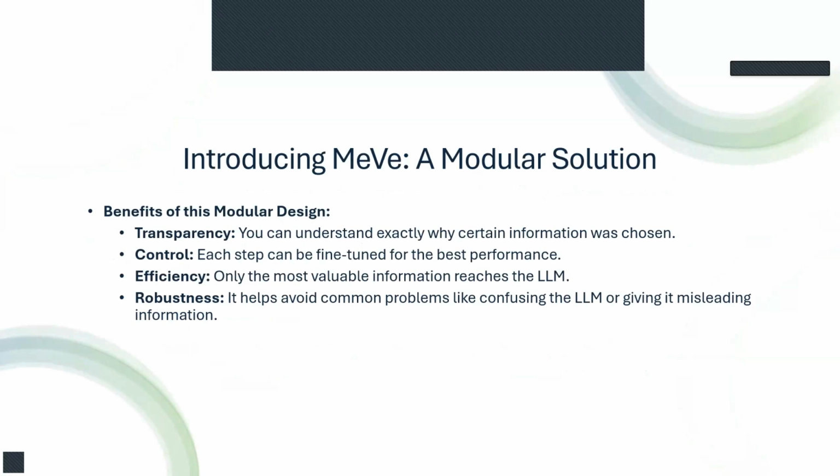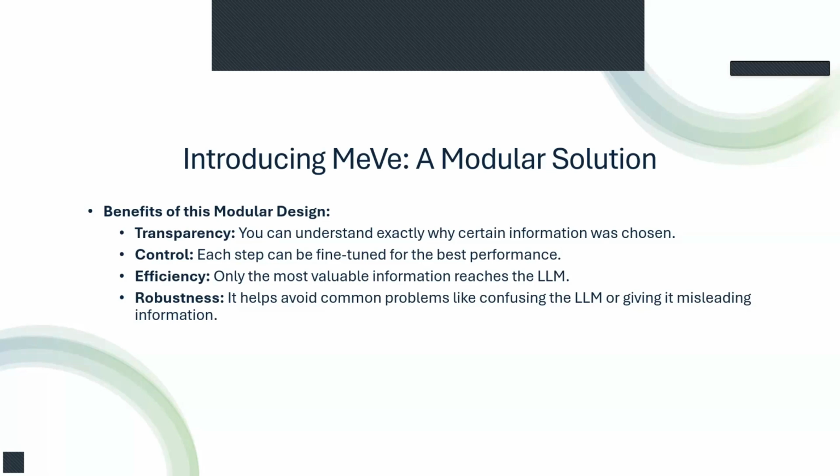You can fine-tune each step towards your application for the best performance available, and this is almost necessary based on our testing, but you could make it more robust and need less refinement as well. It's based on how you implement it yourself.